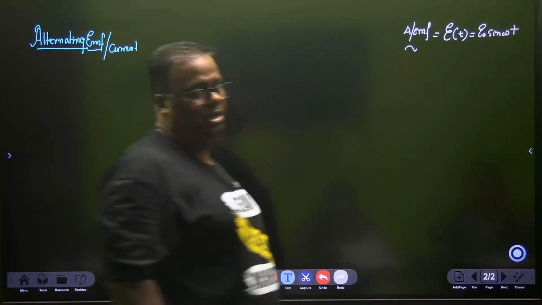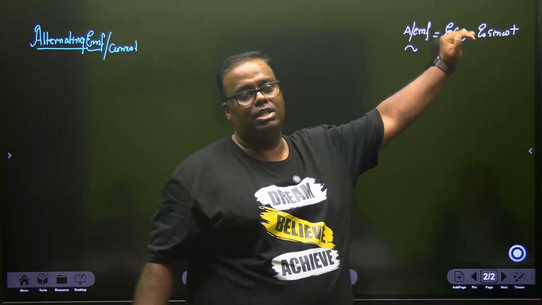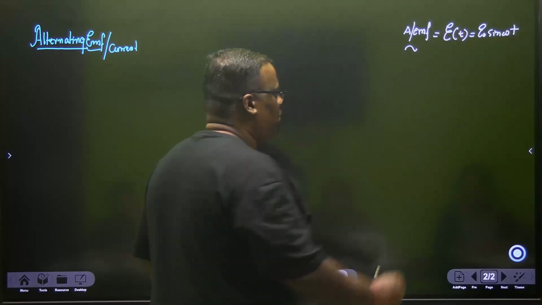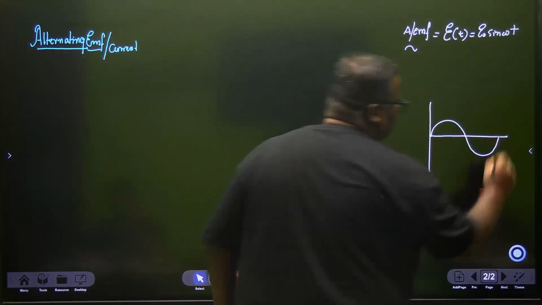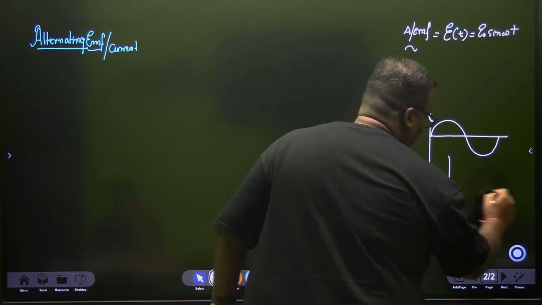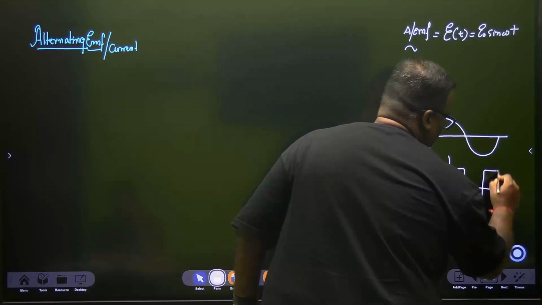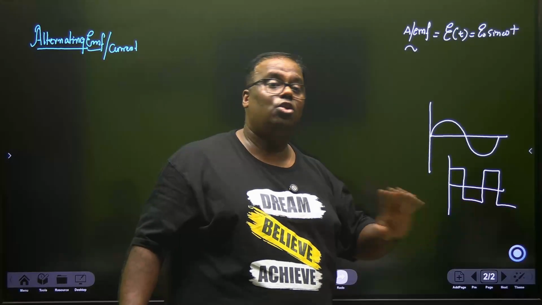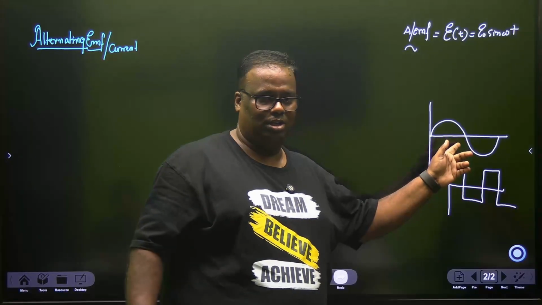This is called a sinusoidal alternating voltage. Get the concept clear? This voltage will follow this curve. You can also have an alternating voltage which is following this particular curve. This is an alternating voltage, not sinusoidal. This is a sinusoidal alternating voltage.